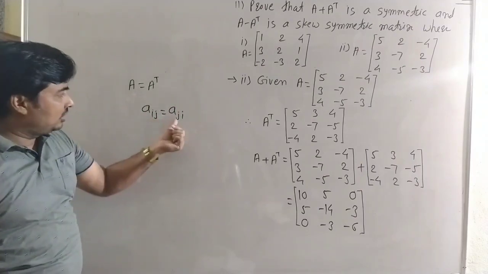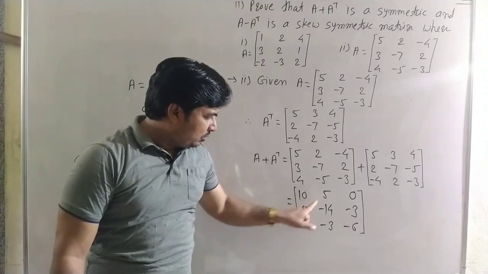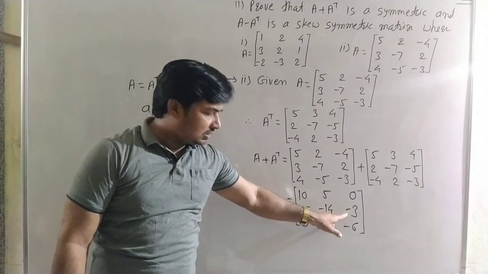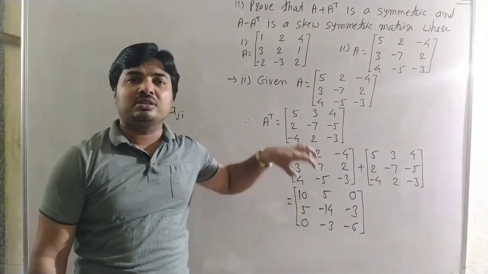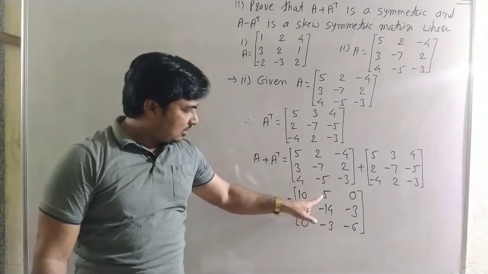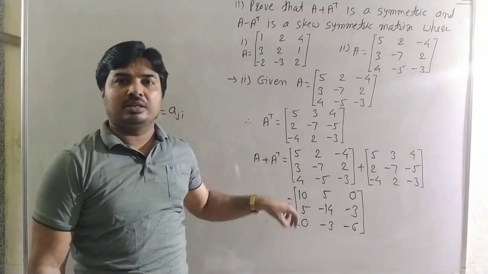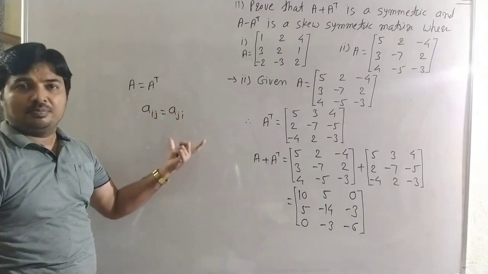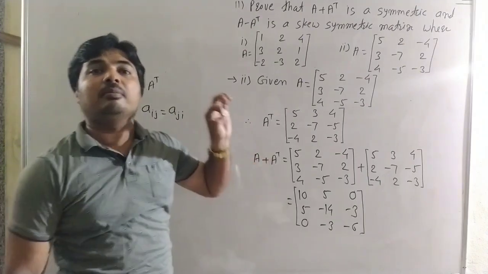Here 2 3 and 3 2 are the same. Check this: 1 2 and 2 1, 1 3 and 3 1, then 2 3 and 3 2 are the same. Therefore we observe this is a symmetric matrix. All elements in the form Aij are equal to Aji. Therefore A plus A transpose is a symmetric matrix.